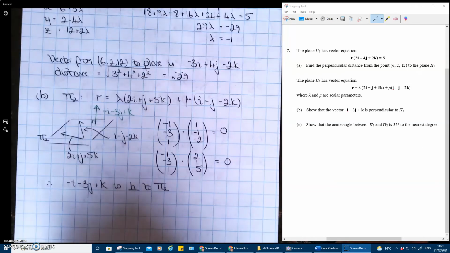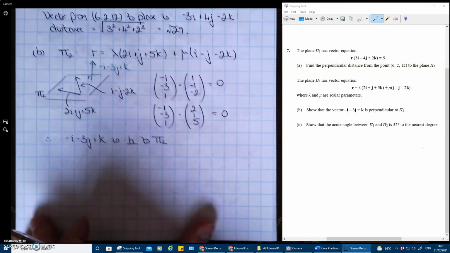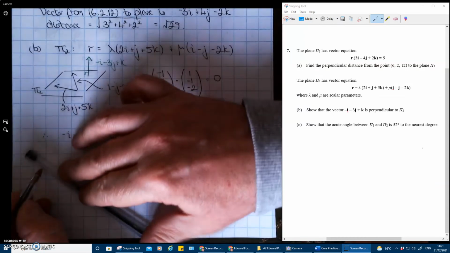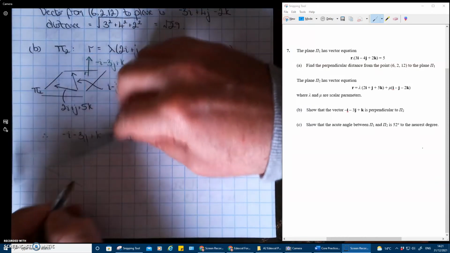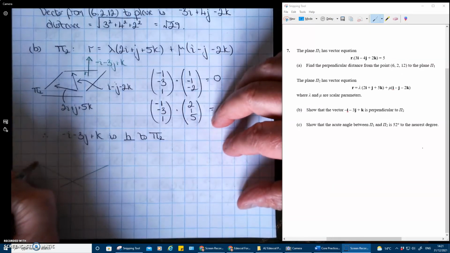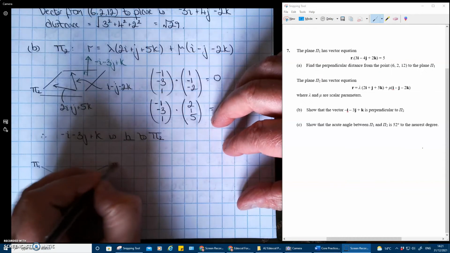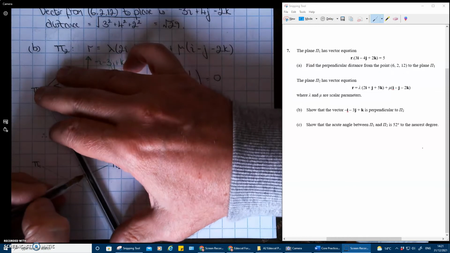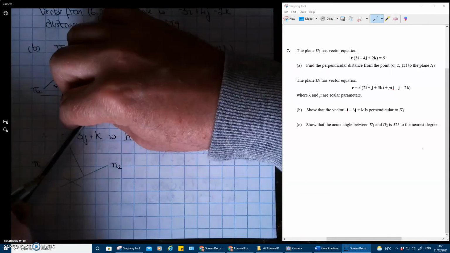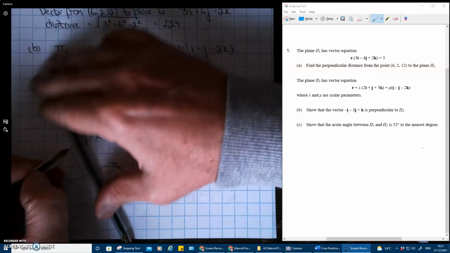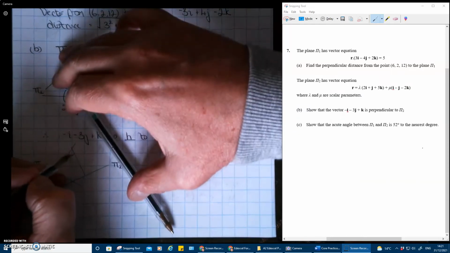Okay, whenever you've got two planes, say I'm looking from the side, I've got pi1 and pi2. I'm going to draw the two normals on. Well, I'm not going to draw them on, but imagine the two normals. And I'm looking for the angle between those two.